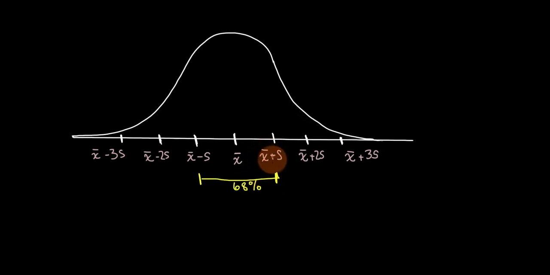And how we're going to dissect this a little further is by looking at this 68% as sort of an area in this curve. This entire region that I've encapsulated here would be 68%. But what if I were to put another little line right there? Now we have two little wedges.